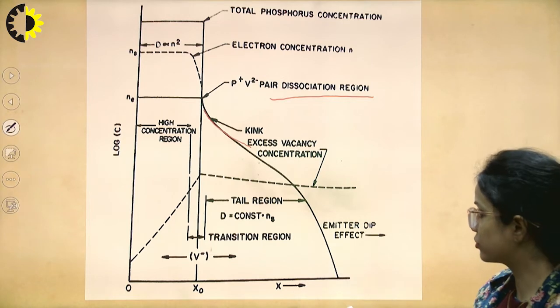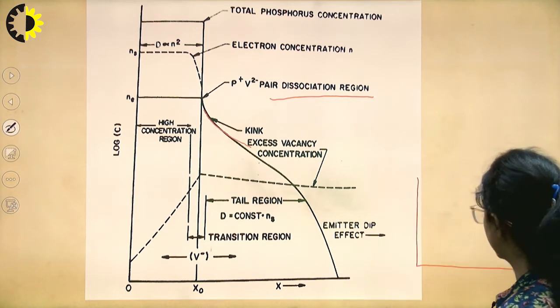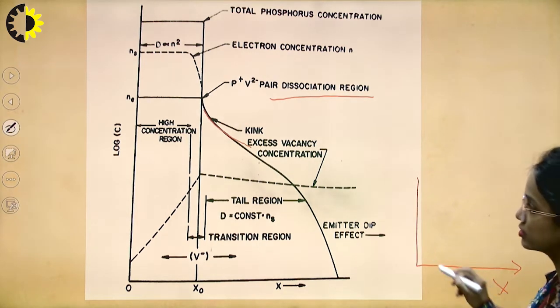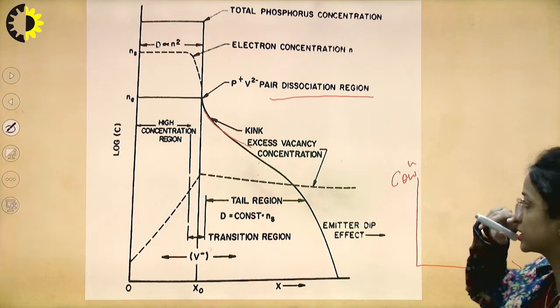Of course, we have to start with a graph which shows the behavior between the junction depth x and the concentration.